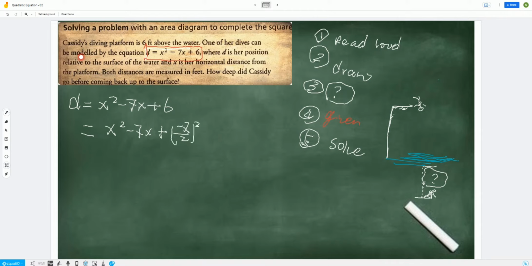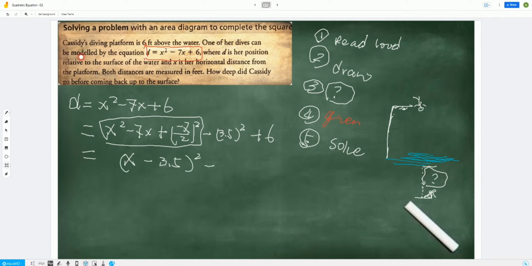Because you add it, you have to subtract it. So -7 divided by 2 is -3.5, squared, plus 6. So we see the perfect square (x minus 3.5) squared minus 3.5 squared plus 6.